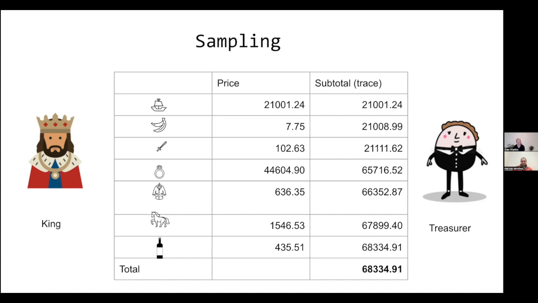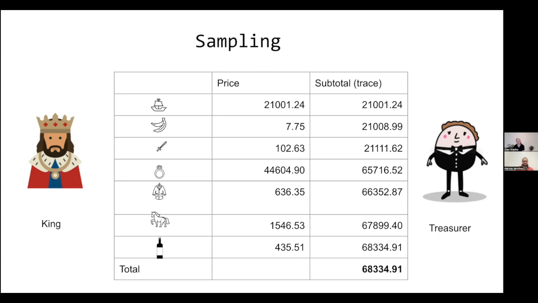ZK calls it a trace. You probably heard this as subtotal. Basically, how you add up things, you add up the first thing, the second thing, the third thing, and every time you record the result. So you get the subtotal column. Obviously, at the end of the subtotal column, the very bottom line is the total, right? So the treasurer is supposed to fill out the column and bring back the results to the king.